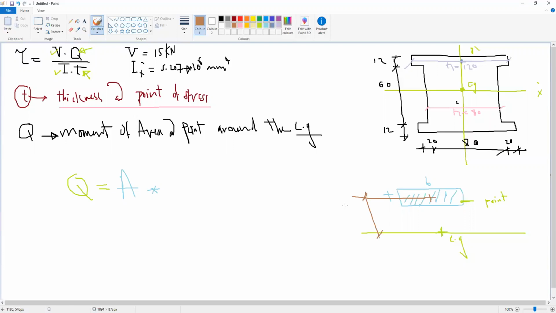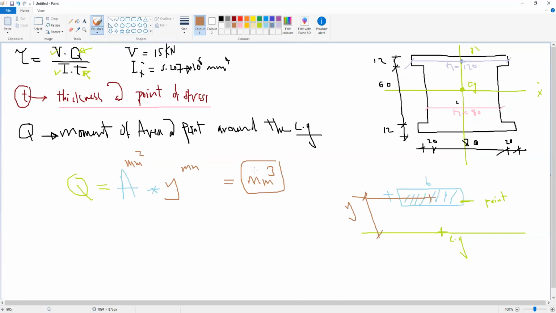So this will be Y. So Q is area multiplied by distance Y, where Y is the distance from the centroid of the area to the centroid of the whole section. The unit of Q: area is millimeter squared and Y is millimeter, so Q will be millimeter to the power 3.